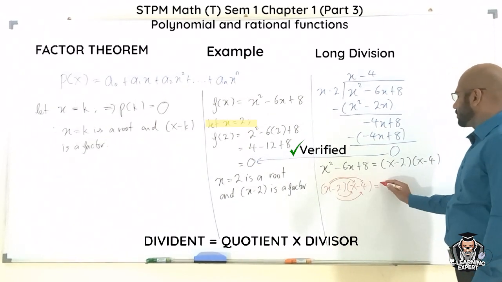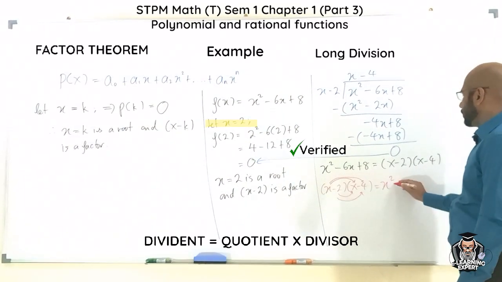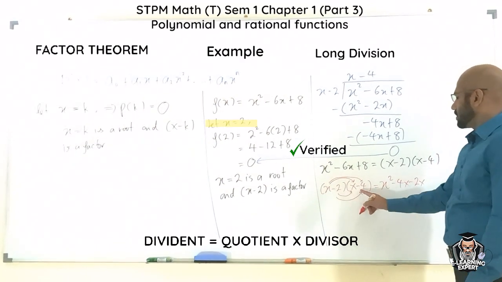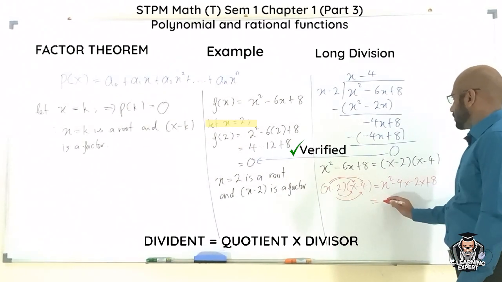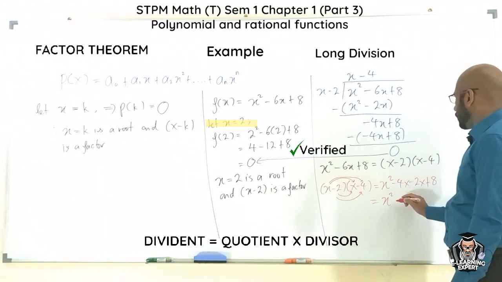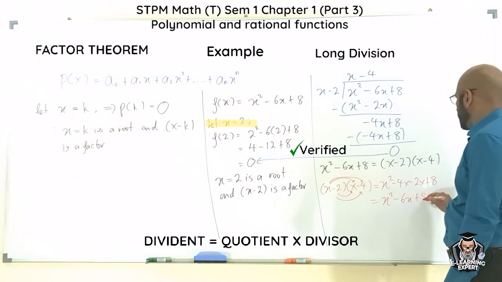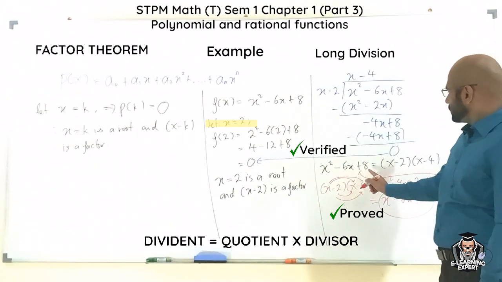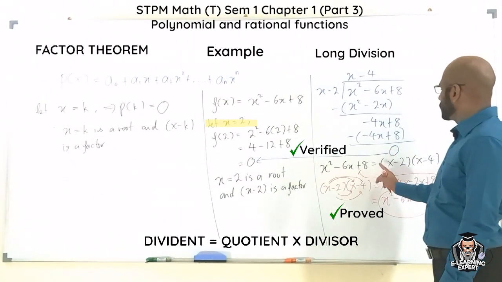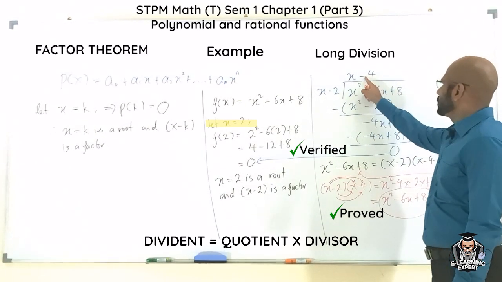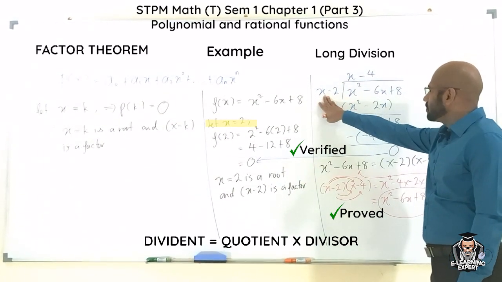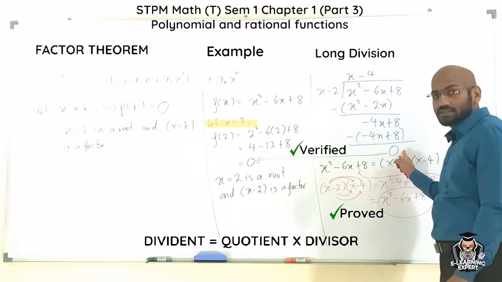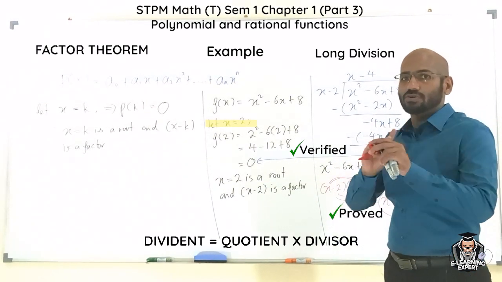So x and x gives me an x squared, x and negative 4 is minus 4x, minus 2 and x is minus 2x, minus and minus gives me a plus 8. So we have x squared minus 4 minus 2 minus 6x plus 8, and see what happened. We got back this. So the dividend can be written, when your remainder is 0, whatever inside the dividend will be a product of these two. This will be a factor and the quotient will be the other factor. Why? Because remainder is 0. If remainder is not 0, you are not a factor.